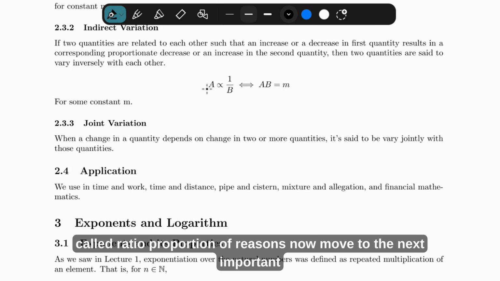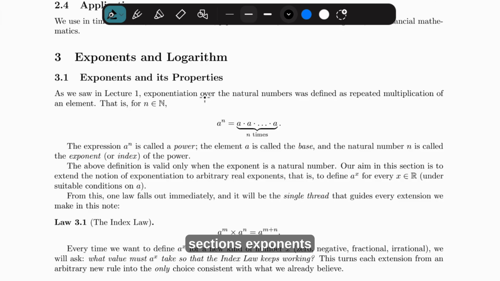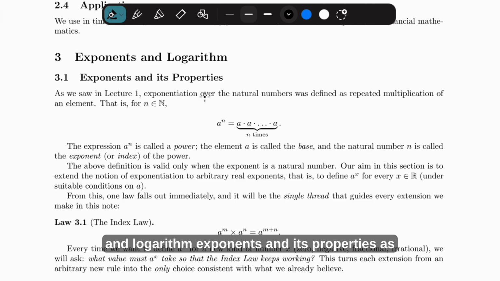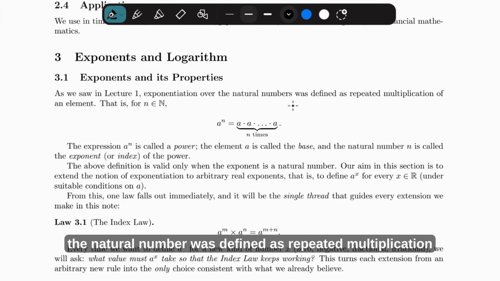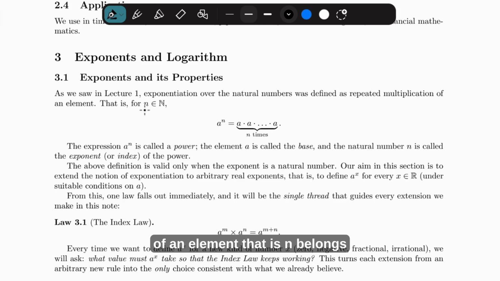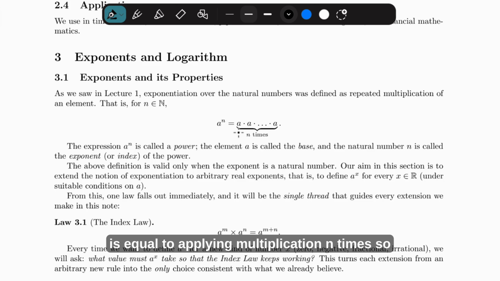Now move to the next and important section: exponents and logarithms. Exponents and their properties. As we saw in lecture 1, exponentiation over the natural numbers was defined as repeated multiplication of an element a, that is, for n belonging to the natural numbers, a^n is equal to applying multiplication n times.